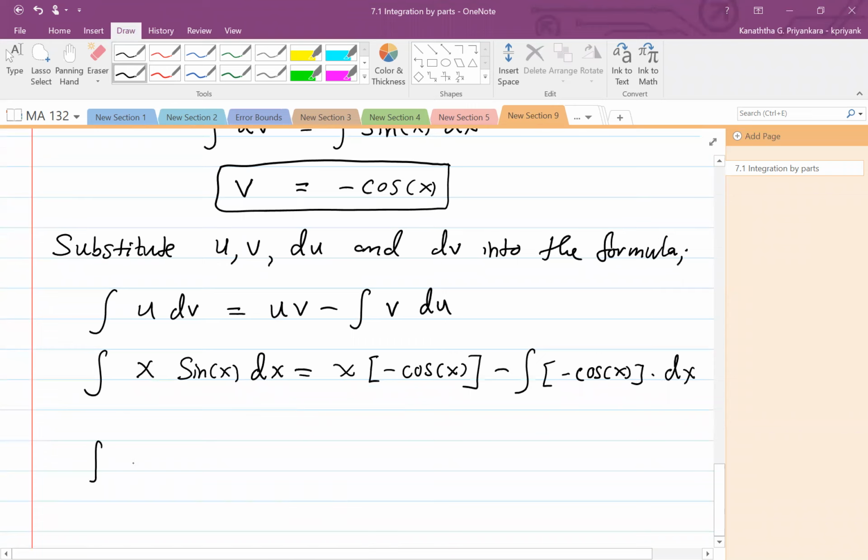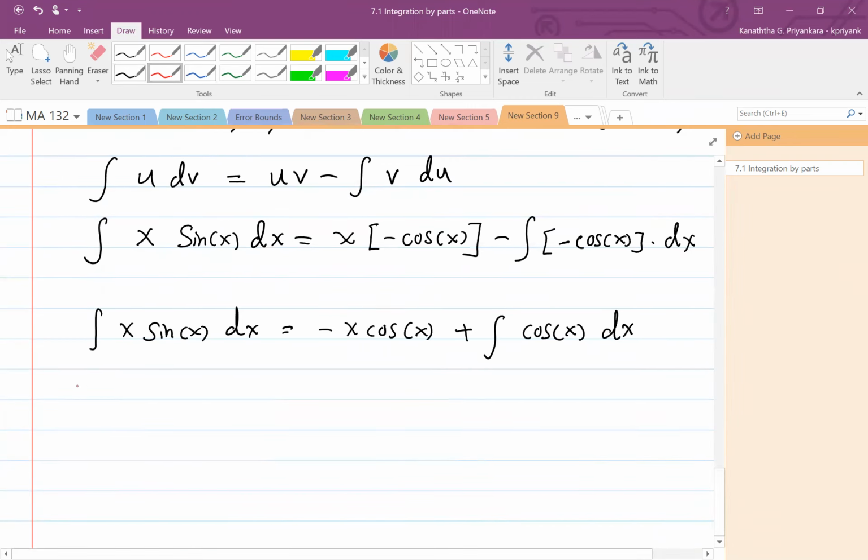So I can write down the integral of x sine x dx as negative x cosine x, and then minus minus becomes plus the integral of cosine x dx. Now we need to compute the integral of cosine x dx.